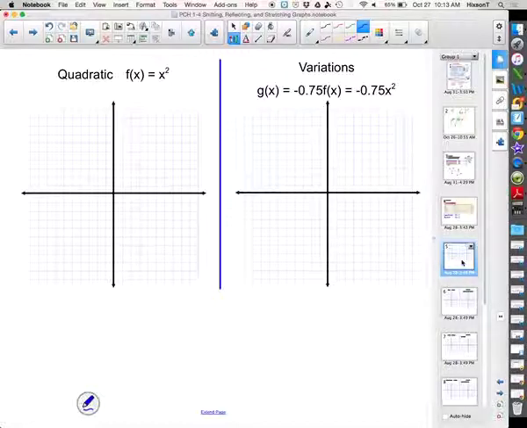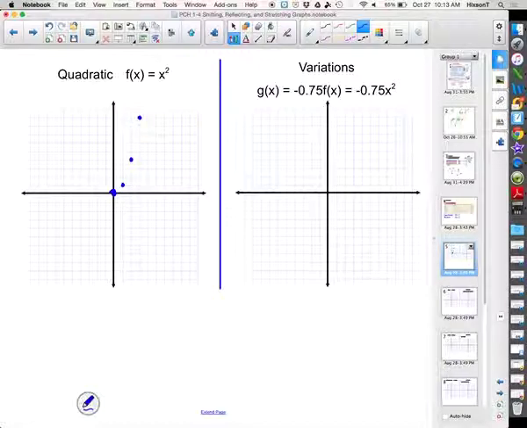So our parent function for a quadratic, f of x equals x squared, where's the vertex for this parabola? It's at 0, 0. And then what are some points? 1, 1. 2, 4. 3, 9.